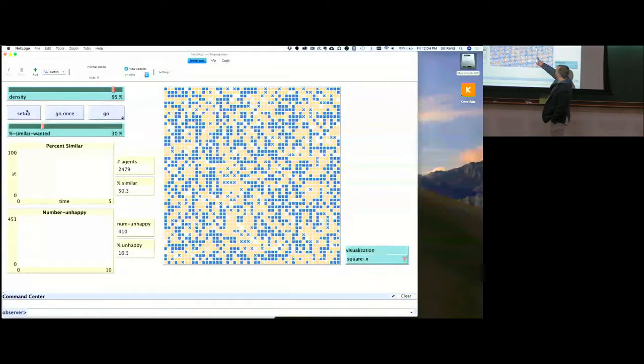Let's say I'm this individual who's unhappy, because I'm surrounded by blues with only the two pink ones right there. If I move out of here because I'm unhappy, then this individual now has fewer people next to it that are similar, which means it might move out too, because it's going to become unhappy. So one person leaving a quasi-stable neighborhood can result in a lot of people leaving.